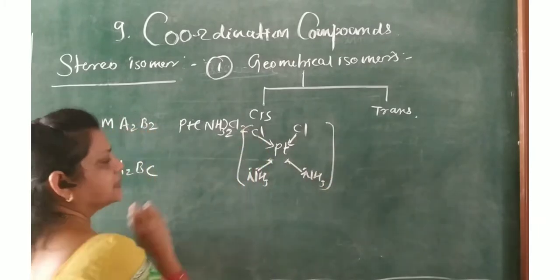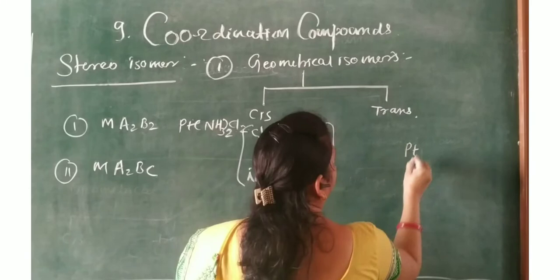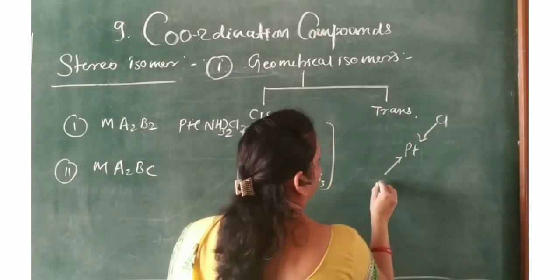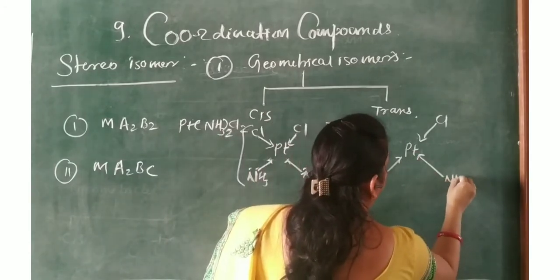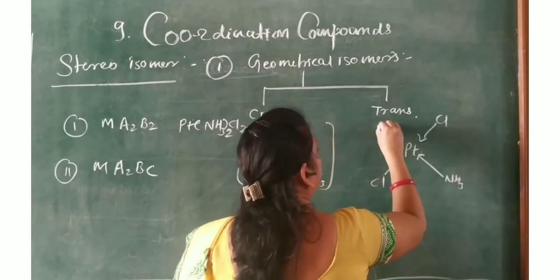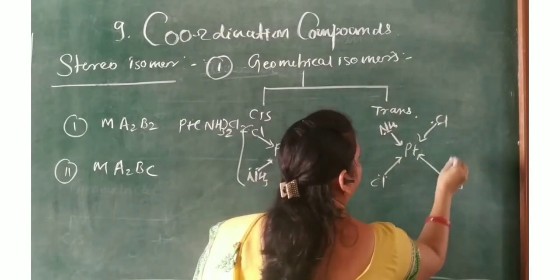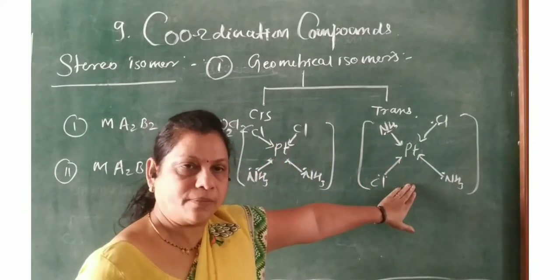These are called the cis isomer. And for the trans isomer, again platinum, Cl is opposite to Cl, and ammine is opposite to the other ammine. This is the trans isomer.